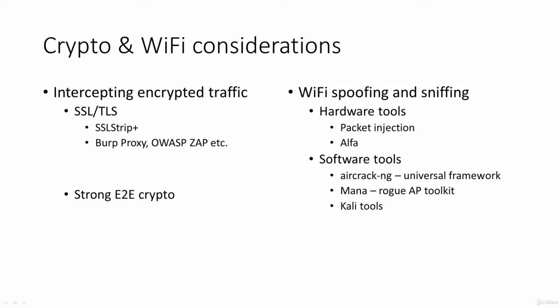What to do when you encounter strong end-to-end crypto, like in, I don't know, iMessage, Signal, or Viber, or WhatsApp, or secret chats in Telegram. Practically right now, these types of communication are deemed quite protected.